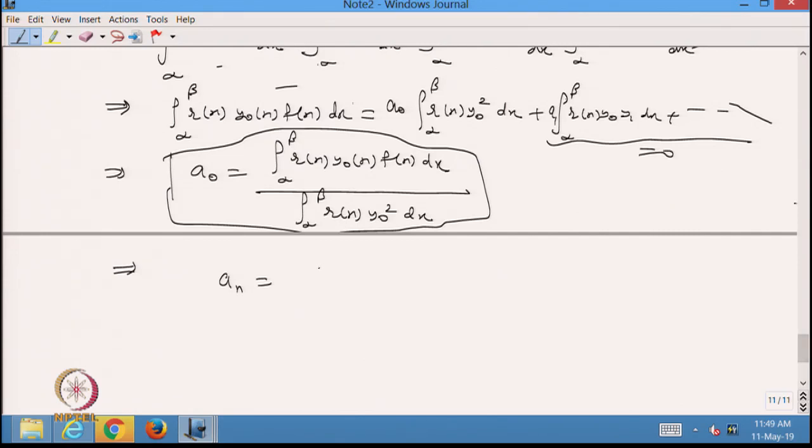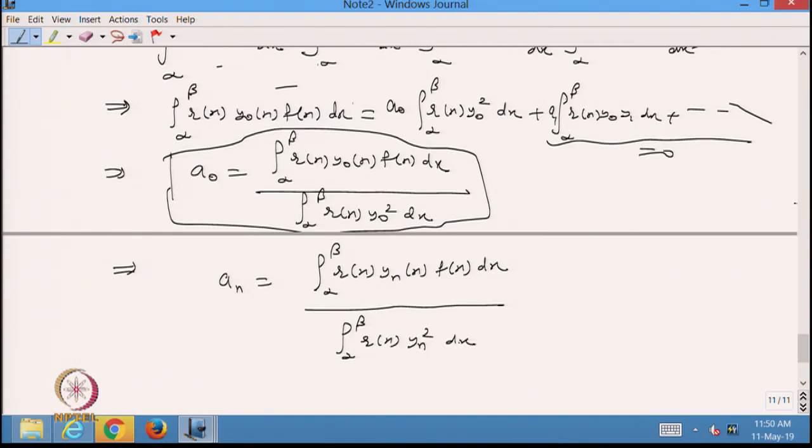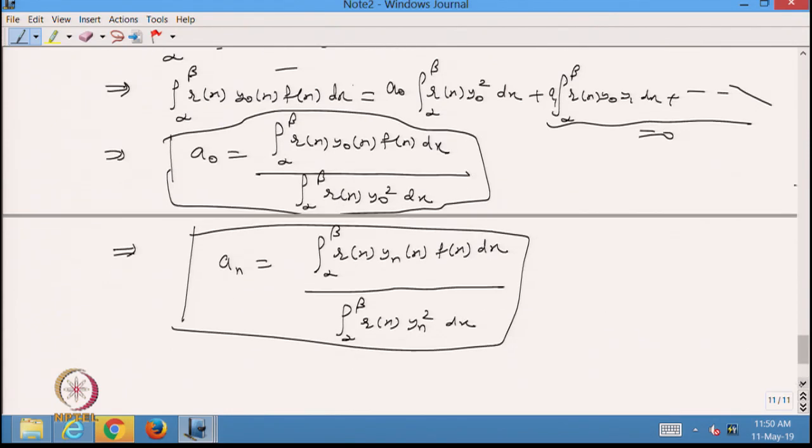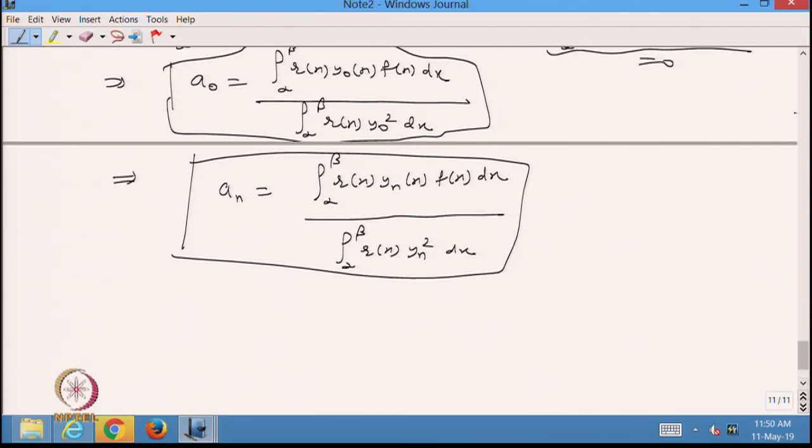So, an will be alpha to beta Rx yn x f x dx, because I have multiplied by Rx into yn x, divided by alpha to beta Rx yn square dx. Then I am able to find all the coefficients.